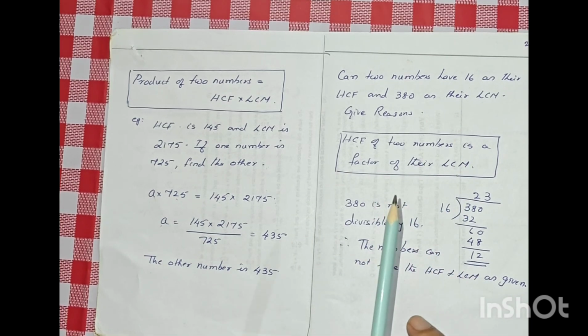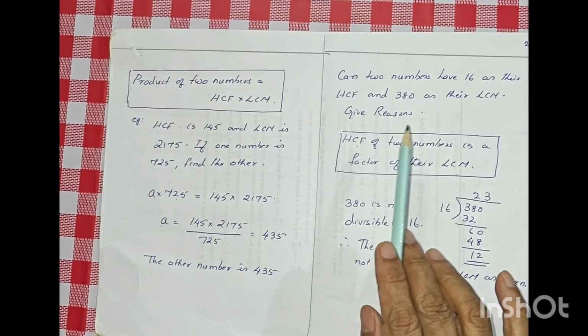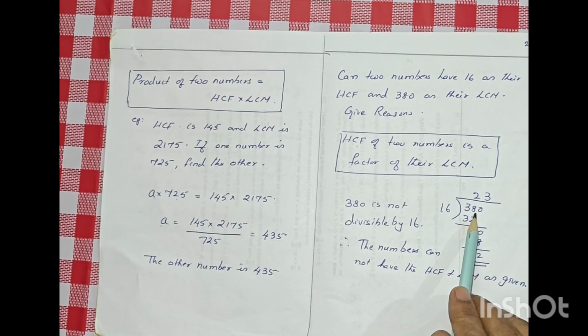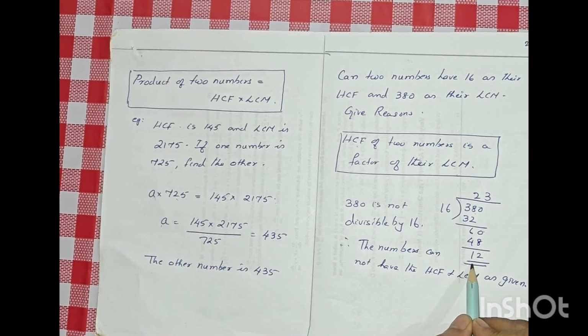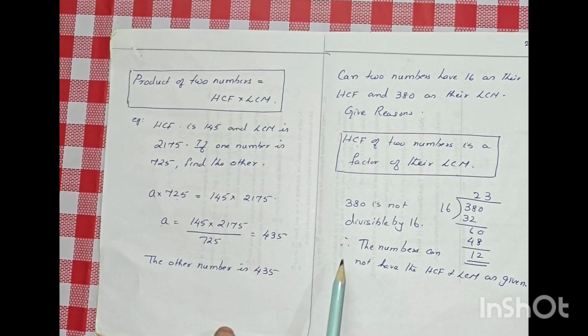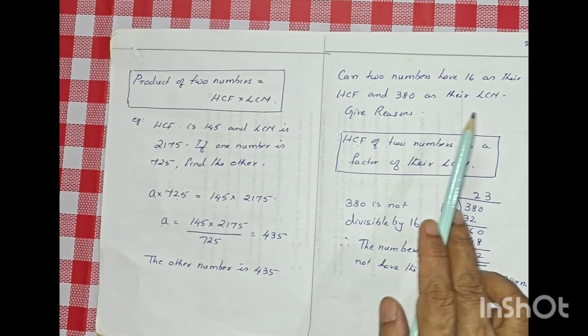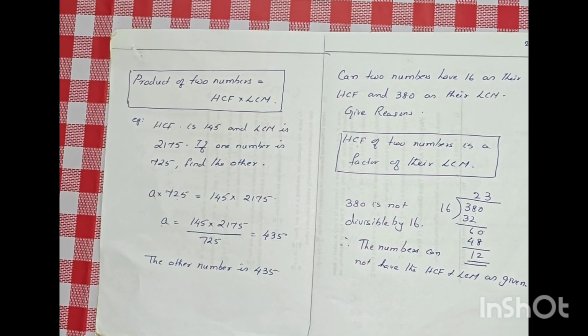That means it should be completely divisible. Let us try 380 divided by 16. It is not divisible completely. You are getting 12 as a remainder. So the numbers cannot have 16 as the HCF and 380 as the LCM.